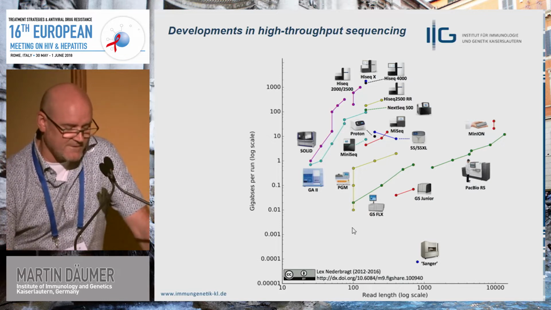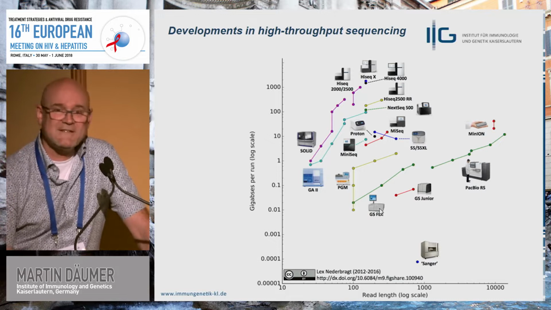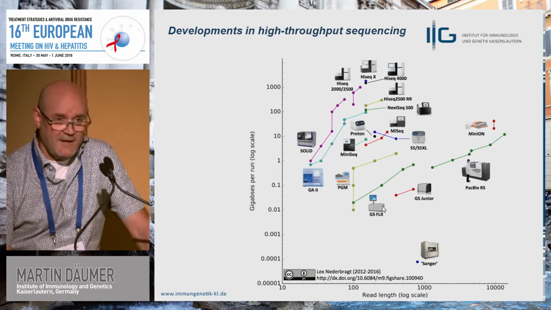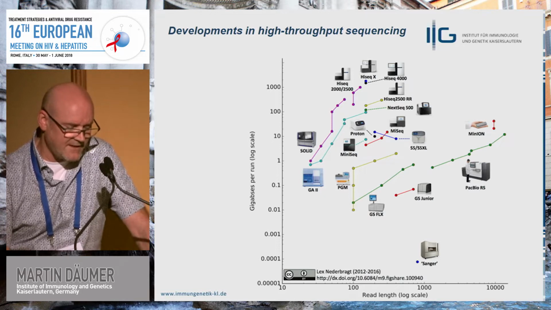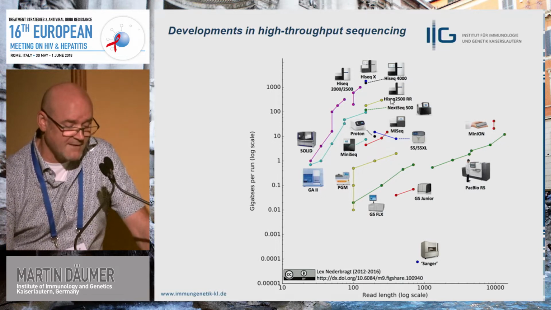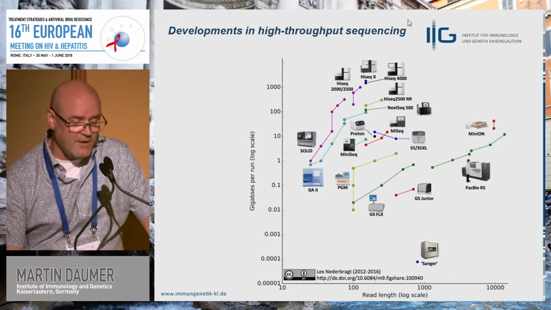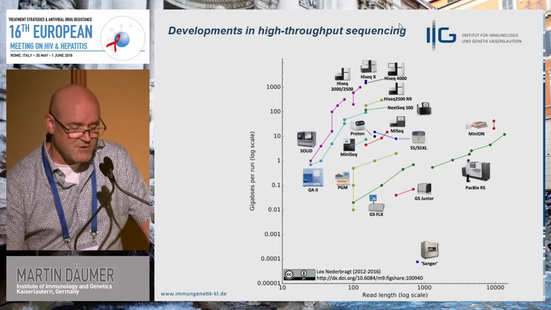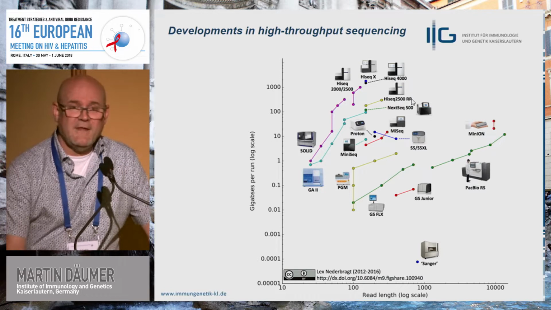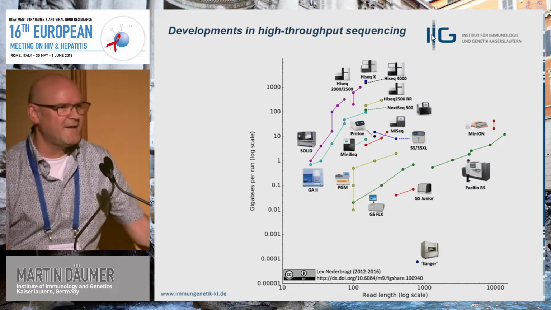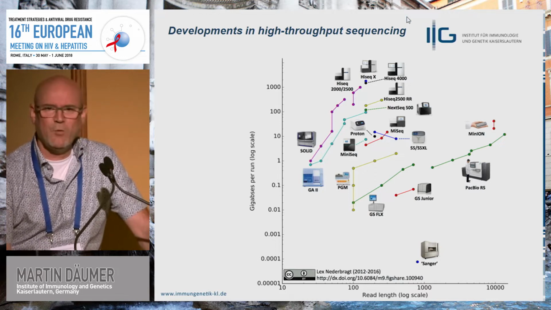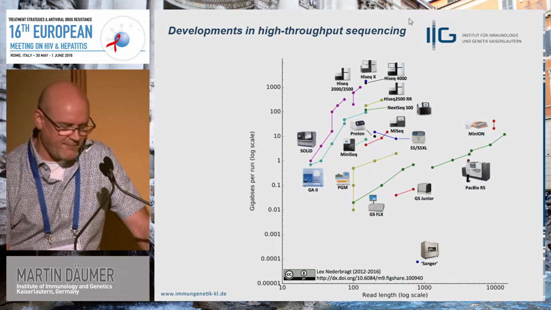And the first one was the GSFLX or the GS20 machine in the late last decade, or I think somewhere around 2005. And from that on, there was a tremendous evolution on that. And right now here in 2017, should be here right up, the what is called, Alex? The NovaSeq, yes, I think the NovaSeq providing you with terabytes of data.